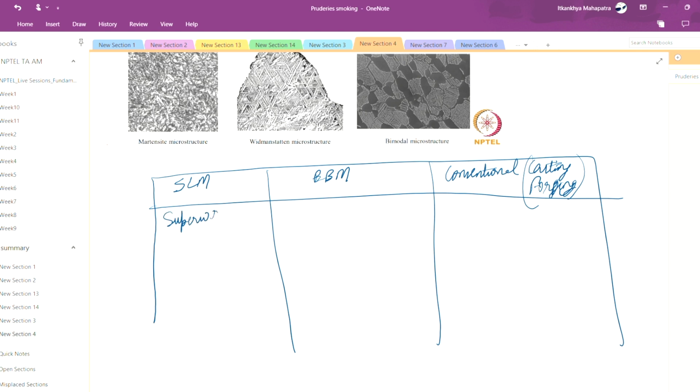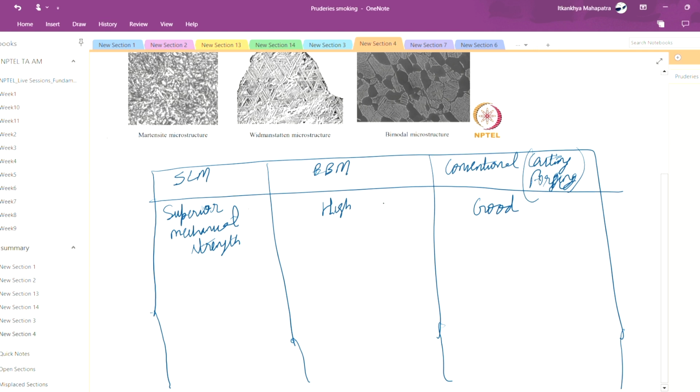Superior mechanical strength. EBM is high, it is good. So this is decreasing, you are seeing. The SLM is always superior in most things. Suppose it is 1000, it is 900, it will be 700.